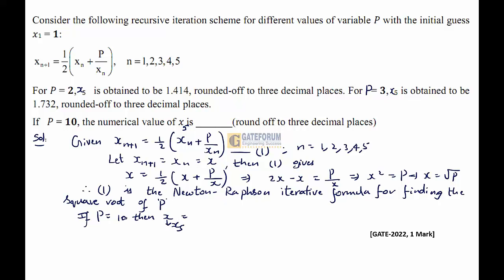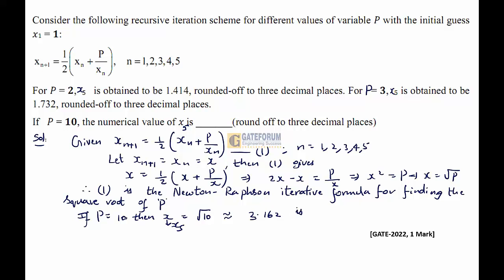I told you already, xn plus 1 and xn are equal to some x value, the square root of 10, approximately 3.162. Square root of 5 is 2.236. So square root of 10 is 3.162.